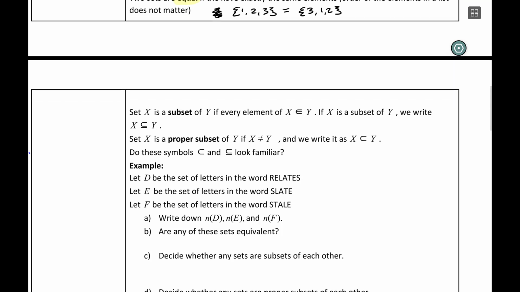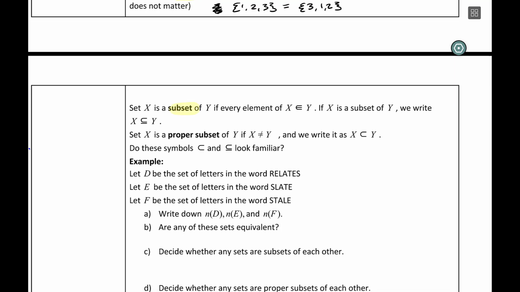Next up, set X is a subset of Y if every element of X belongs to Y. So it's kind of like one is going to be smaller than the other, and they all have the same value. Okay, and for that we will write using this notation: X is a subset. That's what this symbol means.